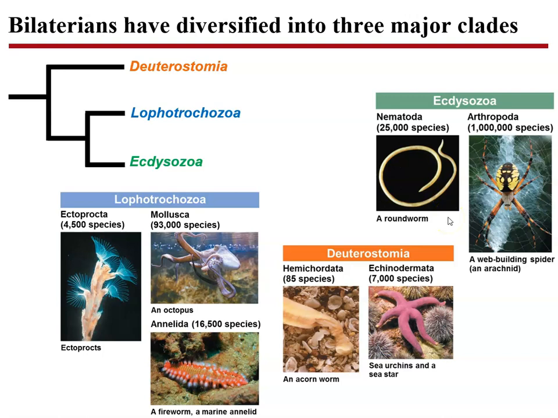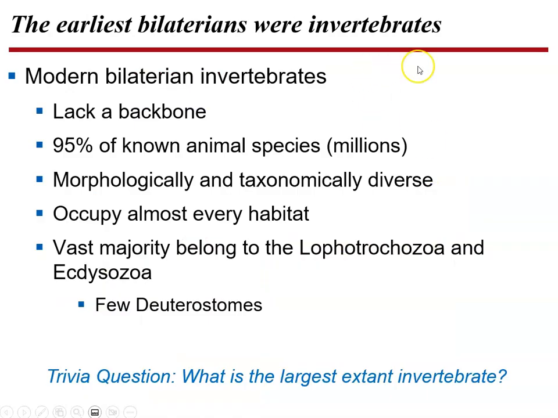We will be learning in more detail about each of these clades and then also representative phyla within each of the clades. But first, let's start with a bigger picture overview of some of the things we might see in general among all of the bilaterians. Most of them are invertebrates, which means that they do not have a backbone.